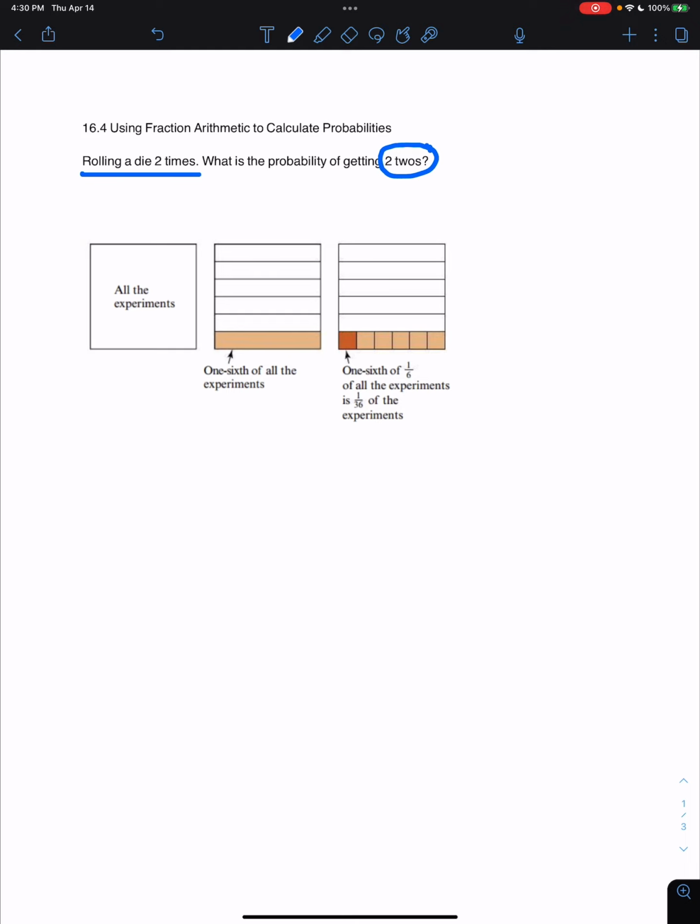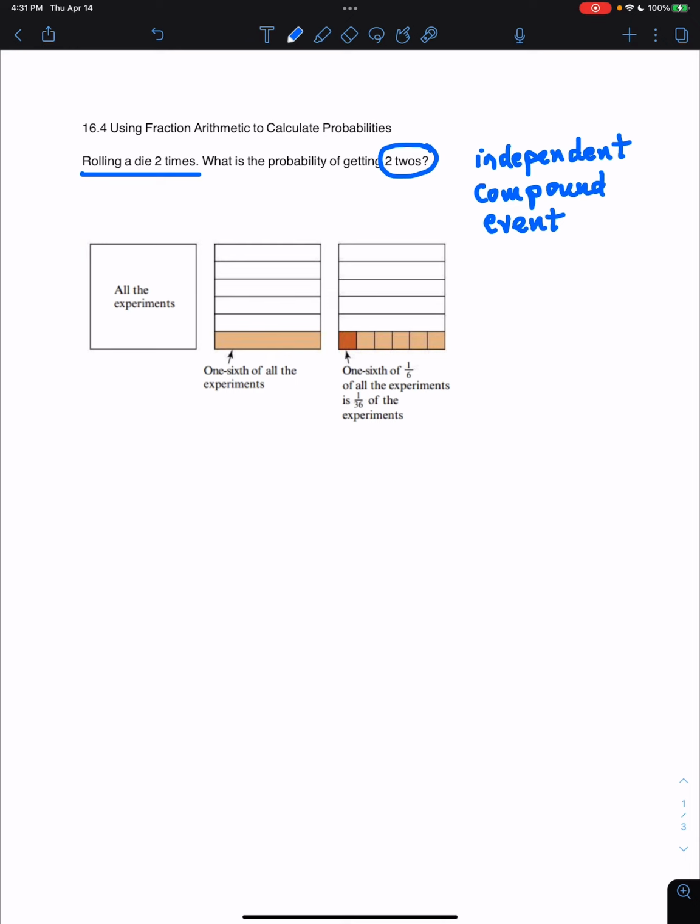So this is an independent compound event, because we have 2 rolls of the die, and the first roll is not dependent on the second roll. It's not like we're removing the 2 from the die when we're rolling it the second time. So this is an independent compound event.